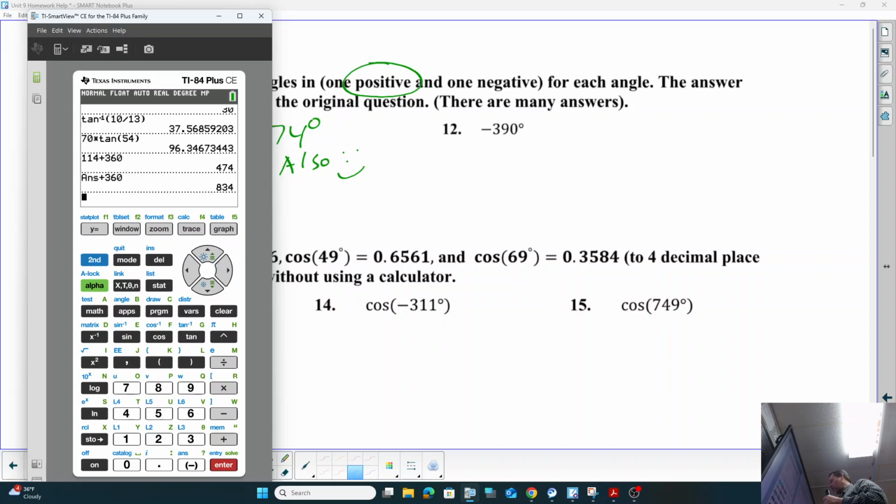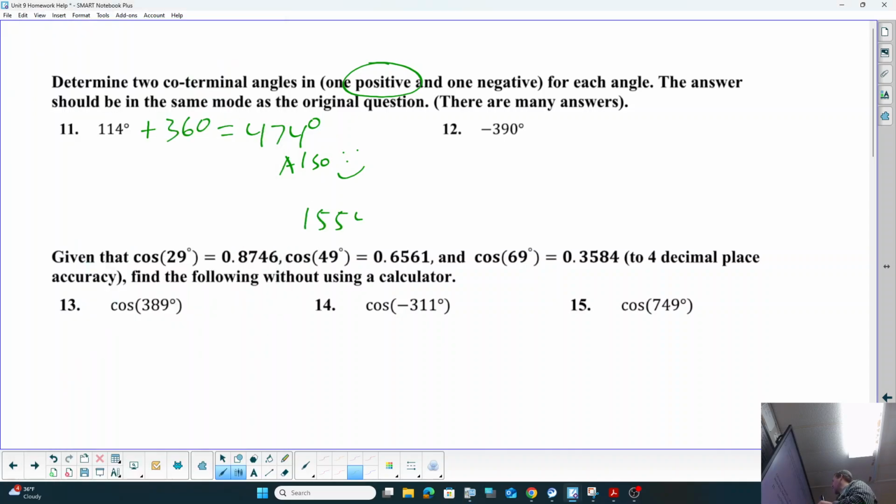So 834 is a positive coterminal angle. 1194 is a positive coterminal angle. 1554 is also a positive coterminal angle.